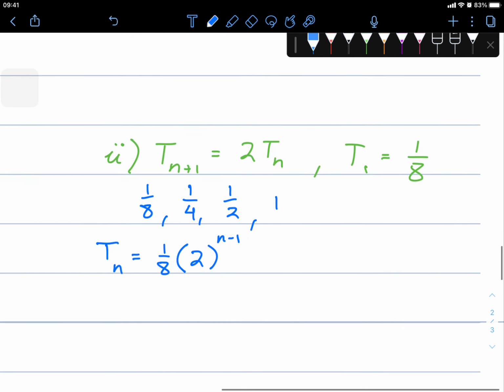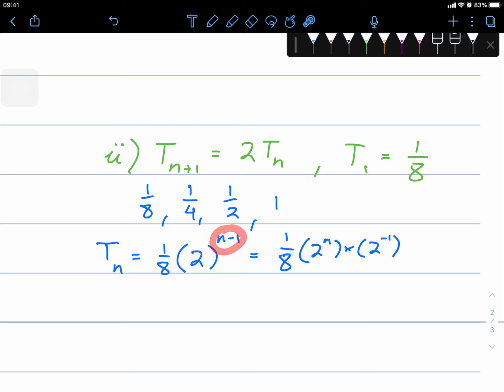If you really wanted to simplify this, this will become 1/8 times 2 to the n times 2 to the power of -1, just expanding those index laws. This becomes 1/2, which will give us 1/16 times 2 to the power of n. But I hope you could easily identify this one.